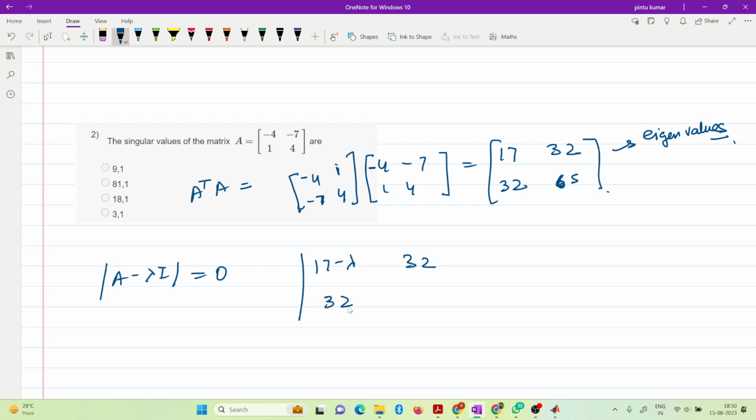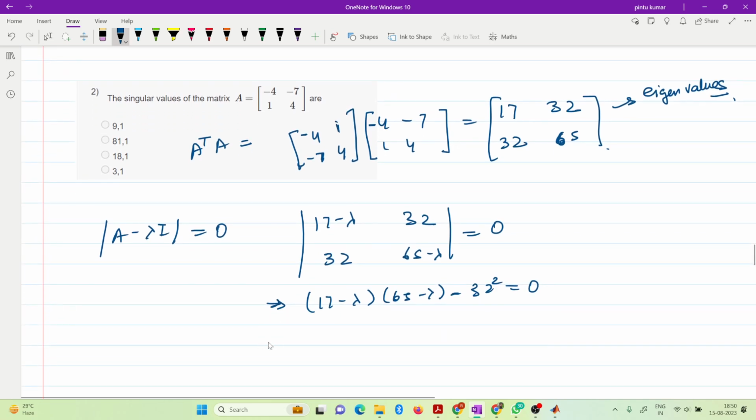32, 32, 65 minus lambda is equal to 0. What does this imply? This is 17 minus lambda times 65 minus lambda, minus 32 square is 0. So this would imply lambda square, I think it's minus, so this is 17 plus 65, this would be 82 lambda.